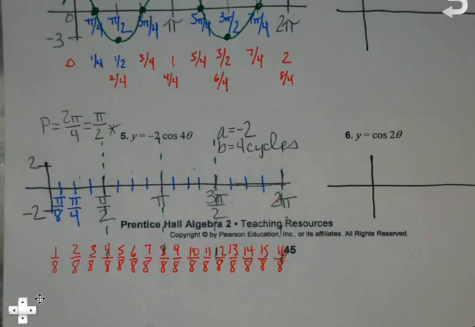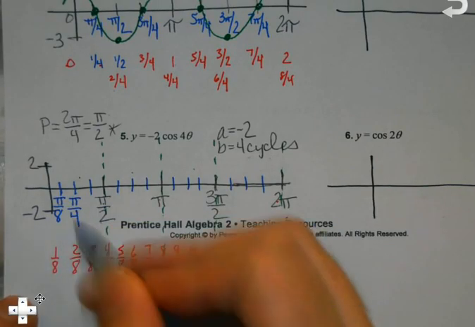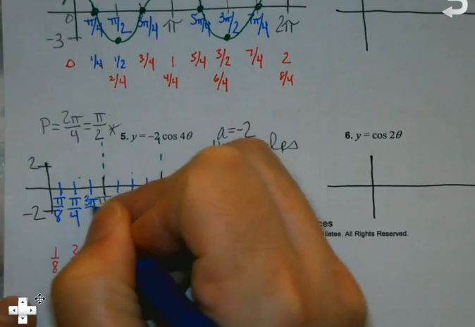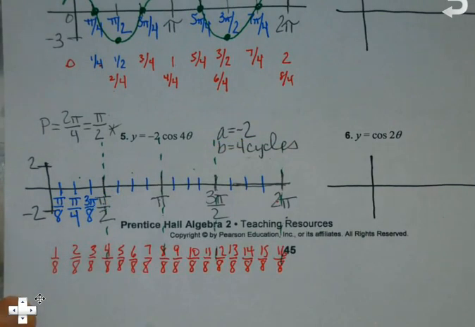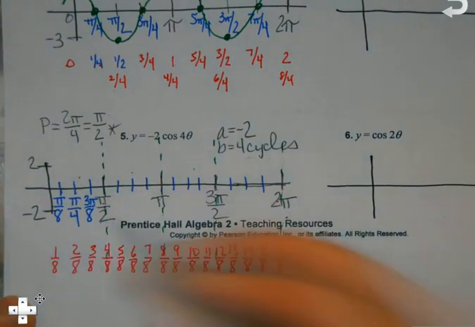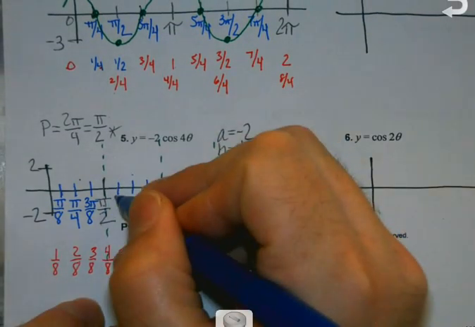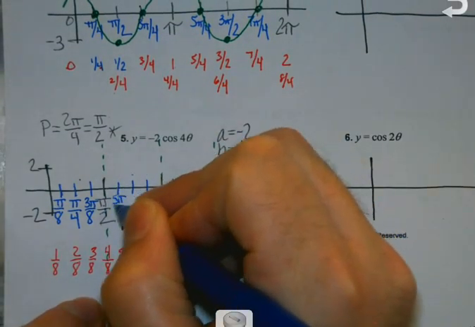So my job becomes to make sure, can I reduce these or not? Okay, 1 over 8 I got, 2 over 8's 1/4, 3 over 8, nope. And if I need to use math or enter, I could. 4 over 8's 1/2. So we got our 1/2. 5 over 8 does not reduce.